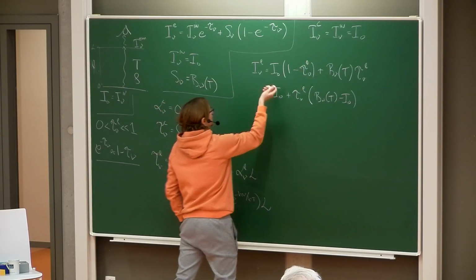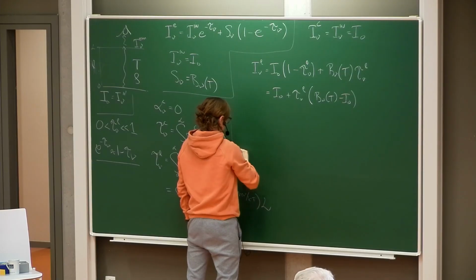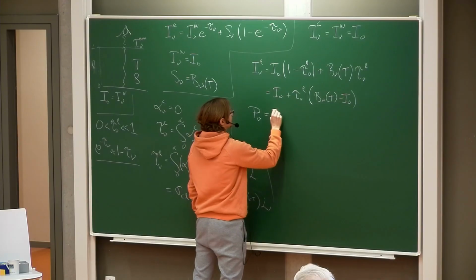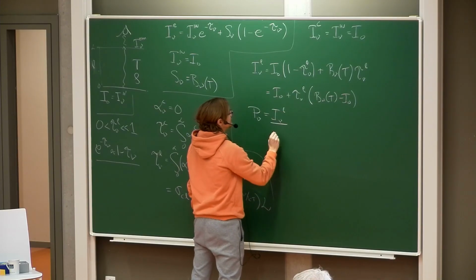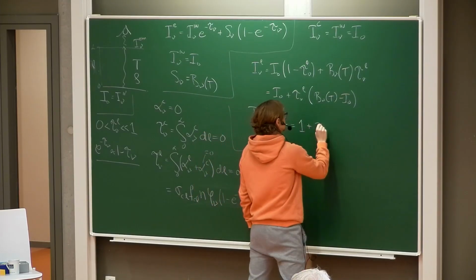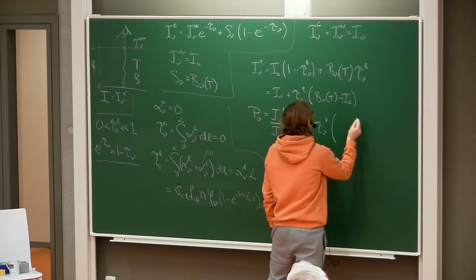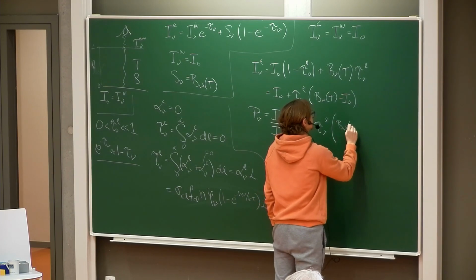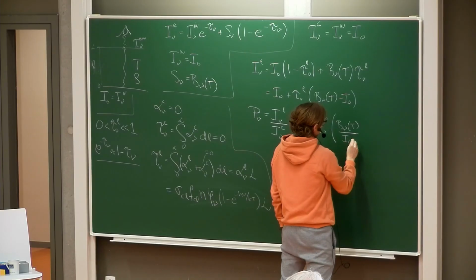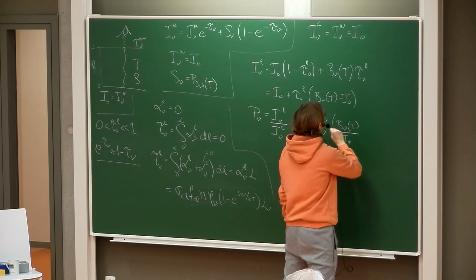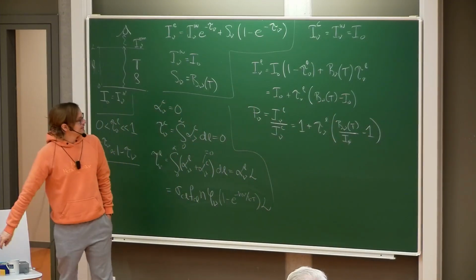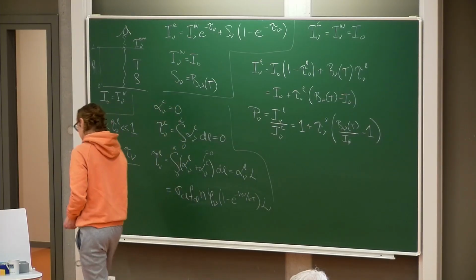So if we just divide by that, we get like a profile function within the line. I nu line divided by I nu continuum is just going to be 1 plus tau nu line, and then we have B nu of T divided by I nu continuum, or I0, depending on how we want to call it, minus 1. Okay. And here we have our profile function.